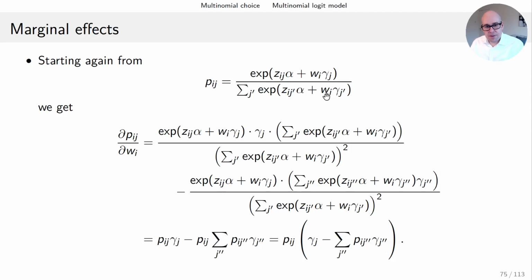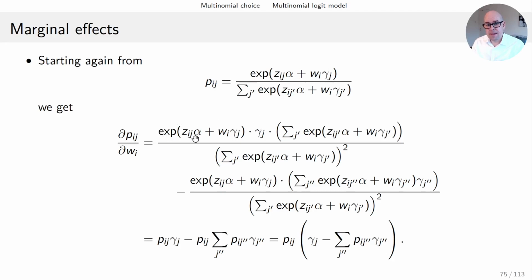So let's just go through this slowly and then just systematically using, again, the quotient rule. So this is the derivative of the numerator with respect to wi. So I'm going to get this expression here as the outer derivative times gamma j.